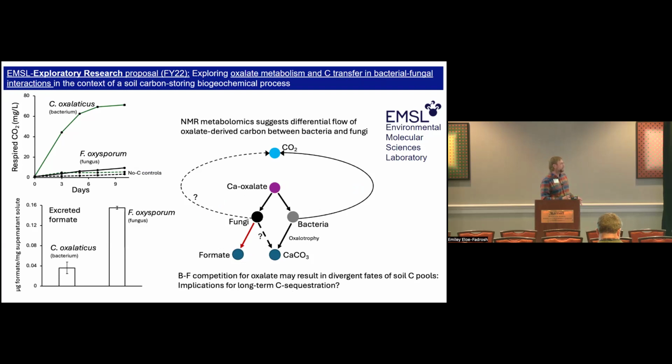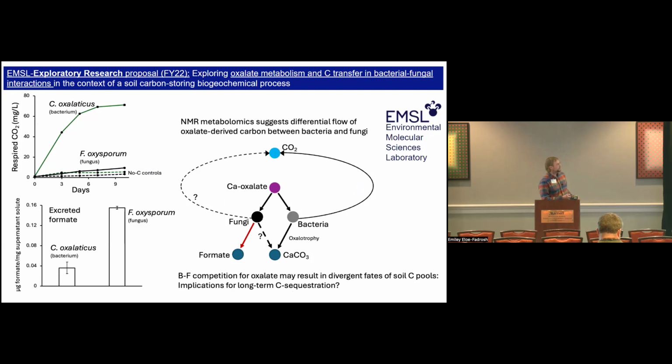However, we saw very little fungal derived CO2, which was very interesting. We obviously saw growth of this fungi. However, when we looked at the metabolome of this using NMR, we saw that the fungi preferentially excreted formate rather than CO2.